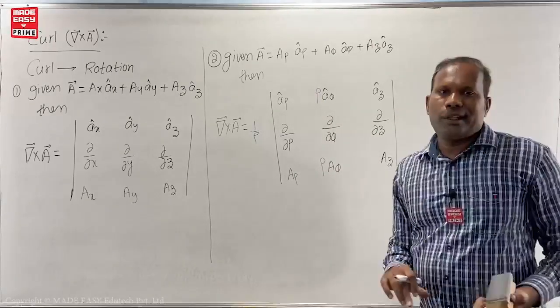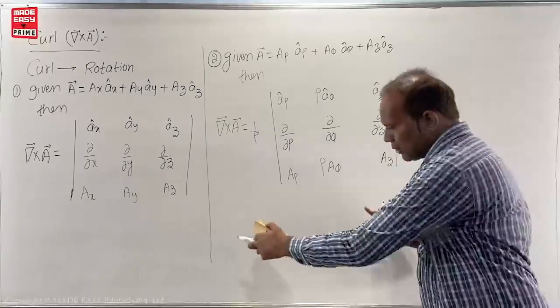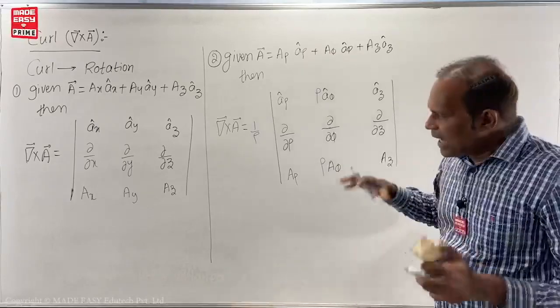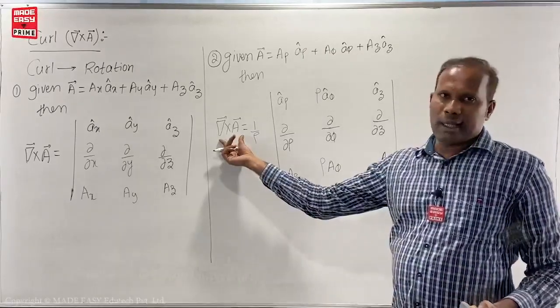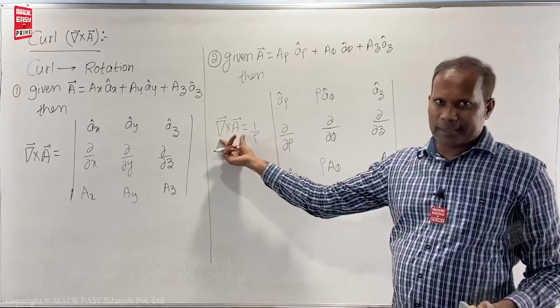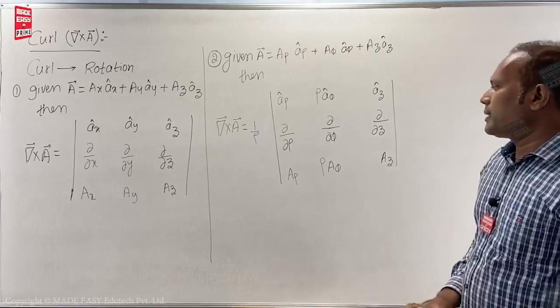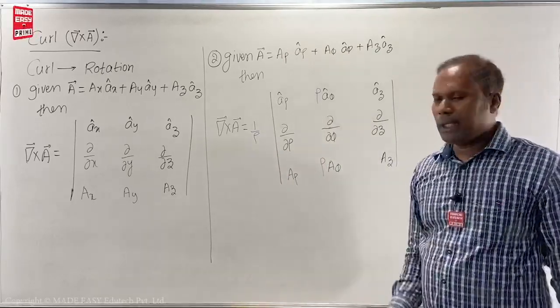This is the way you remember this one. You expand this, you get one equation. That equation is the same as the equation you get after derivation for del cross A in the cylindrical system in mathematics. This is the simple way of remembering. Now that means here rho is multiplied, here rho is multiplied, here 1 by rho is there.